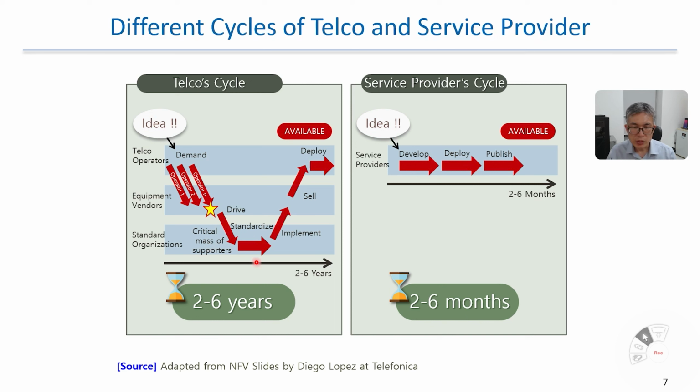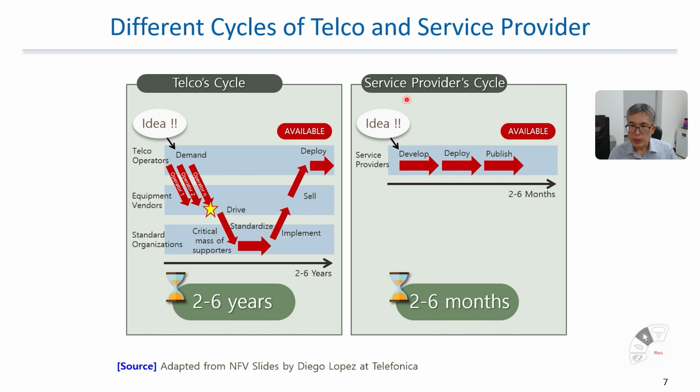Then they make a prototype, test, and standardize, then make their product and sell it, and telcos purchase that middlebox and deploy it. This cycle usually takes at least 2 to 6 years. This is a long time.